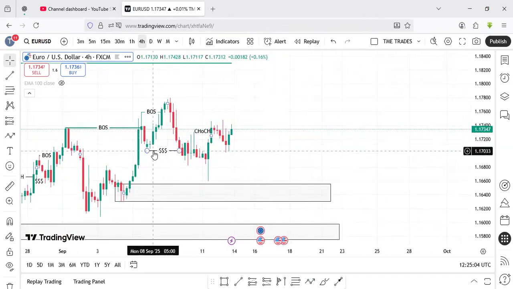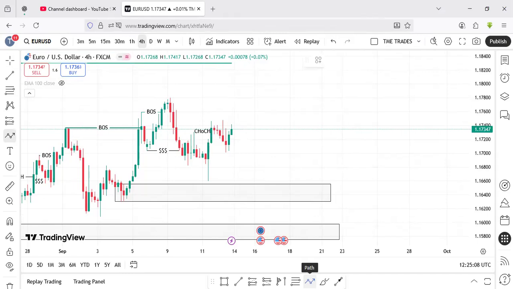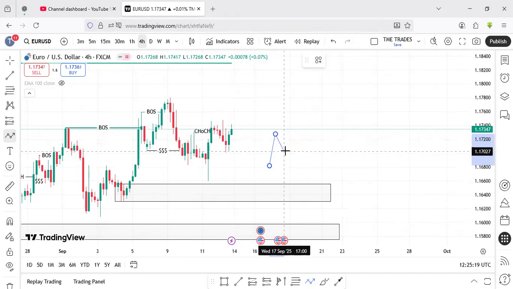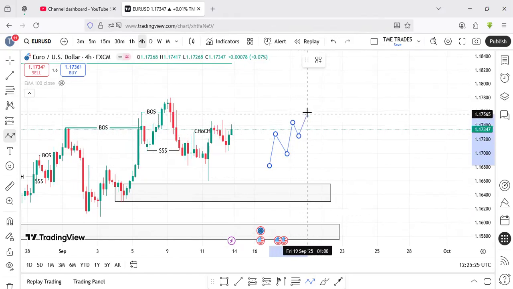Now, when liquidity is taken, what do you wait for in the market, or what do you expect? Whenever you see a market create something like this, just like we are seeing now, created a higher high, created this, and we're expecting it to take out this before continuation.